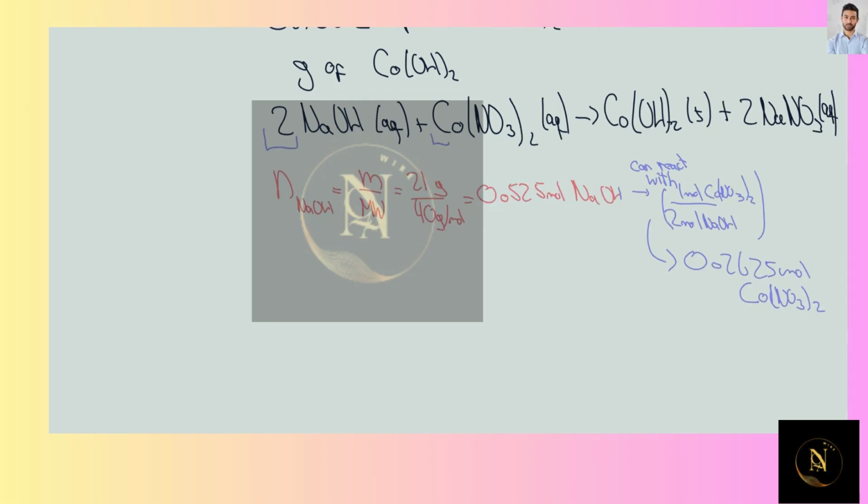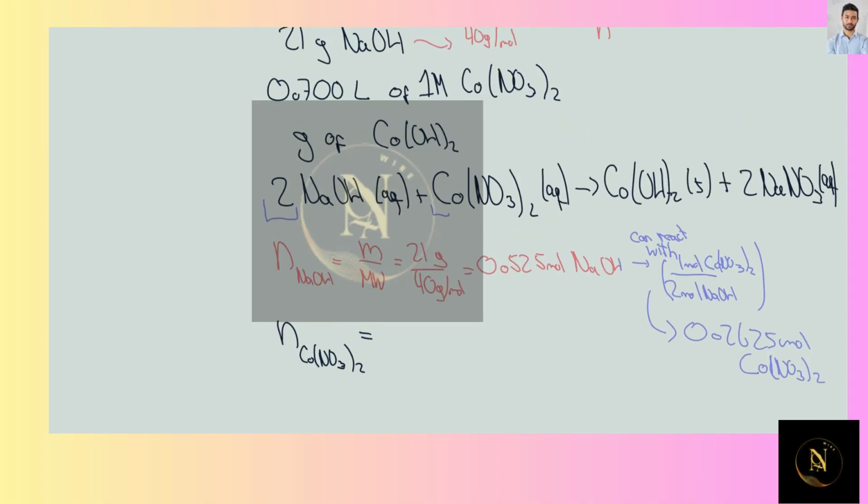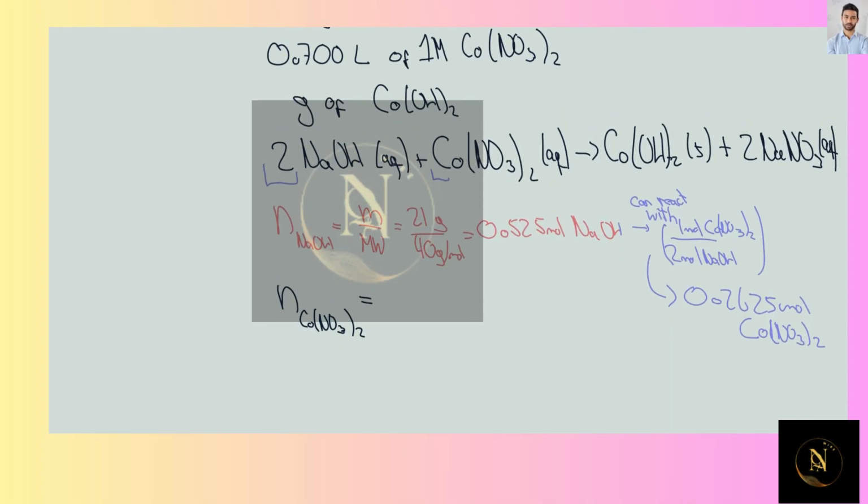So now what we're going to have is the calculation for the amount of mole of cobalt nitrate that we're going to have. In this case, we're given the concentration and the volume, so it is going to be directly volume times the concentration. In this case, it is 0.7 liters times 1 molar concentration.